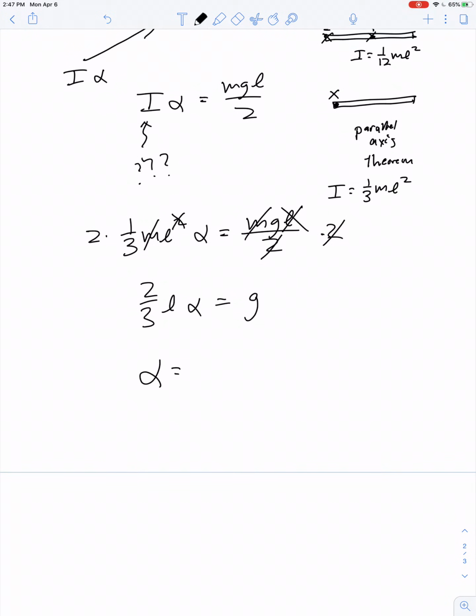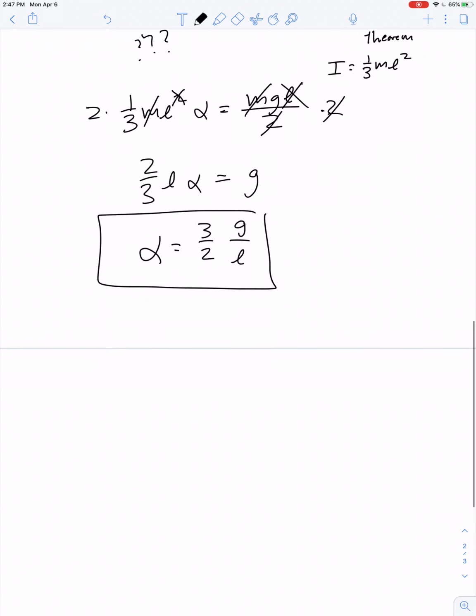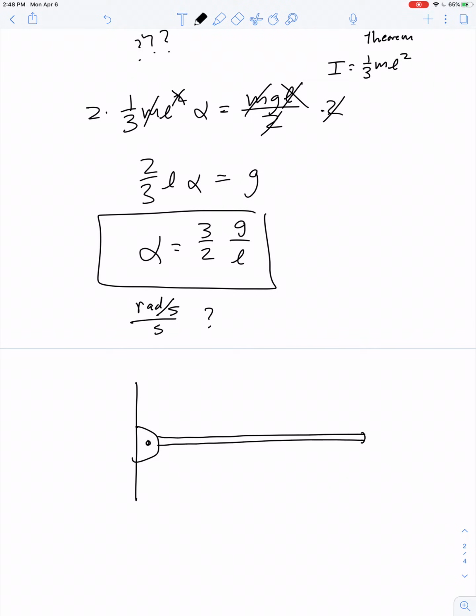So alpha is equal to 3/2 g over L. Okay. What point of the beam is rotating at that number of radians per second squared? Well, it's kind of a silly question because the answer is all points rotate at that value, at least initially.